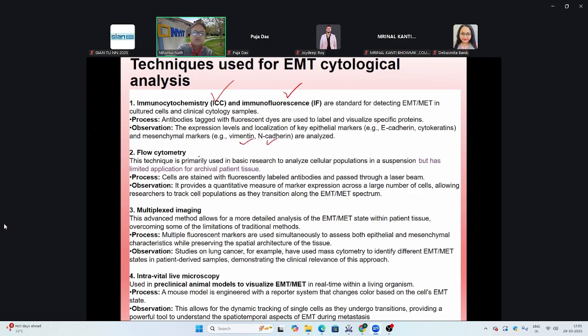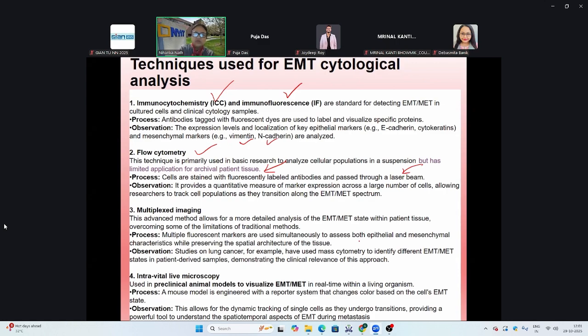Flow cytometry is another one, and it has limited application for patient tissues. We really do it for basic research. You can use a laser beam to count the number of cells and to examine the cells.